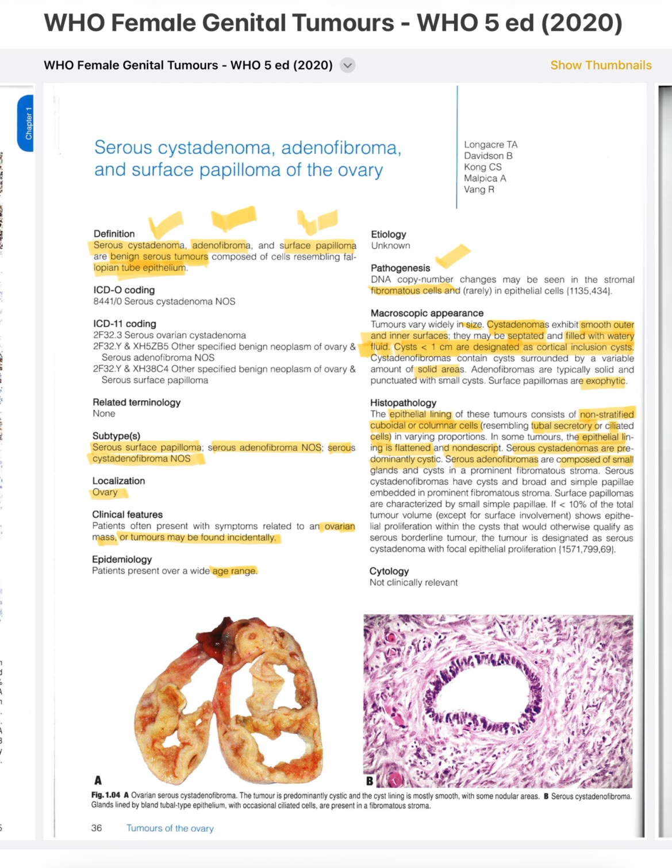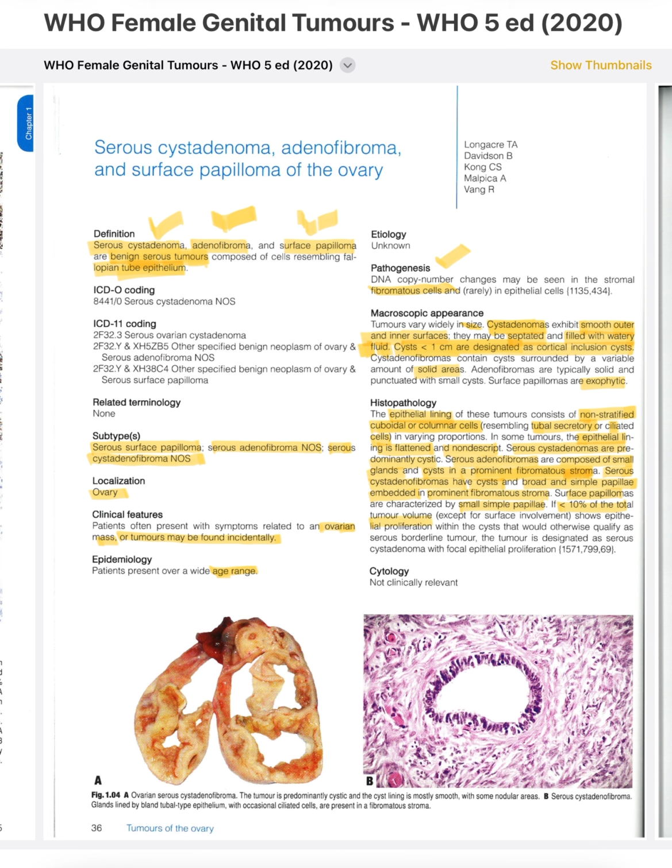Serous adenofibromas are composed of small glands and cysts in prominent fibromatous stroma. There will be a cyst, but there will be prominent fibromatous stroma, whereas cyst adenofibromas have cyst and broad and simple papillae embedded in prominent fibromatous stroma. Surface papillomas will have small simple papillae.